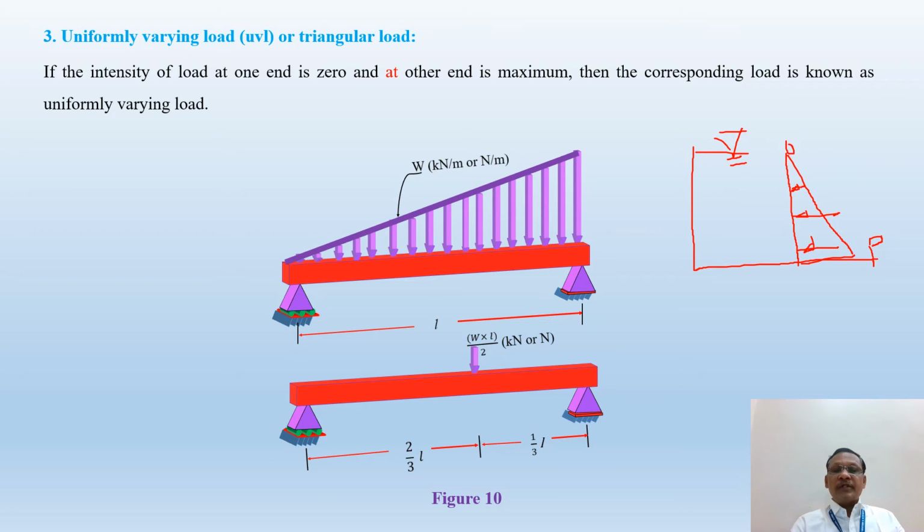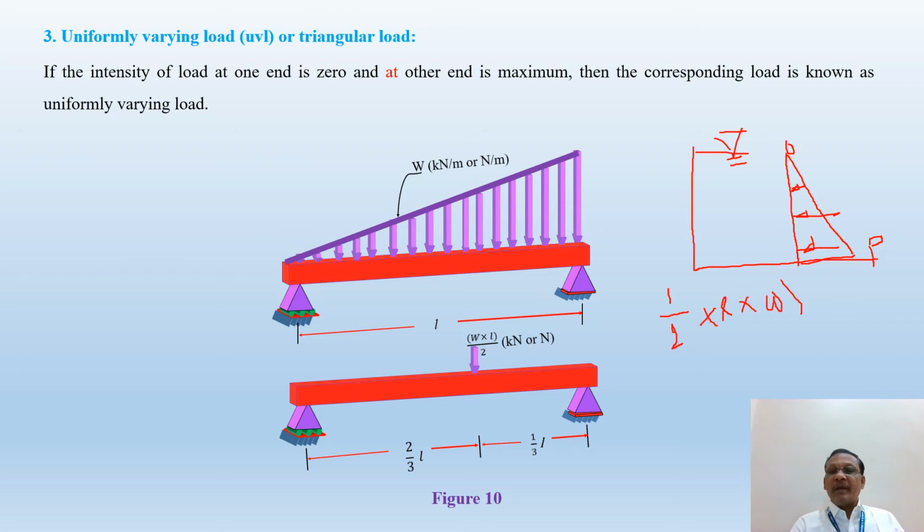Now, first of all, you try to convert this uniformly varying load into a point load. Then you consider the triangular loading as a right angle triangle, and you calculate the area of this right angle triangle. You know that the area of a right angle triangle is 1/2 times base times height. Base you consider as the span L over which this load is acting, and W you consider as the maximum intensity of the load.